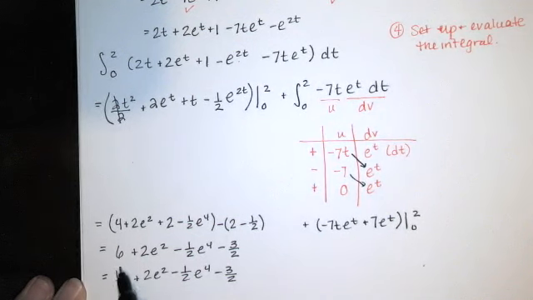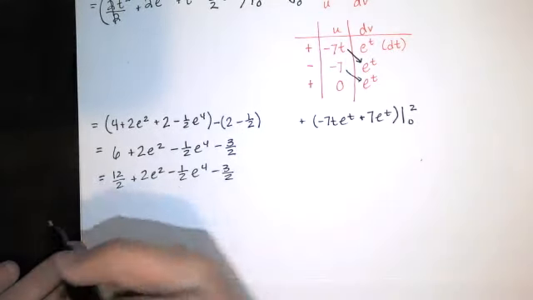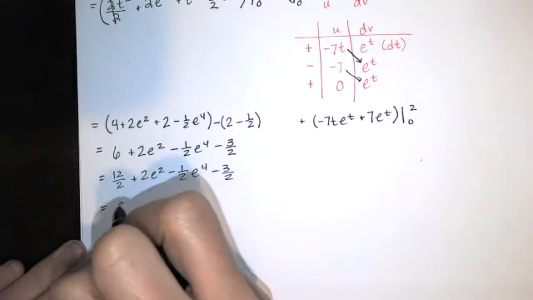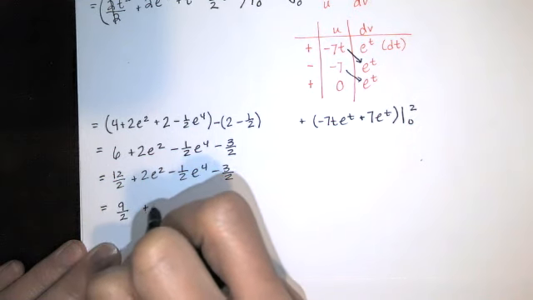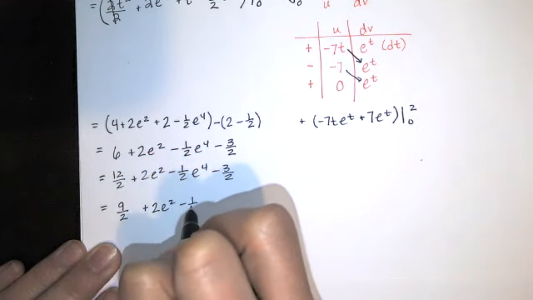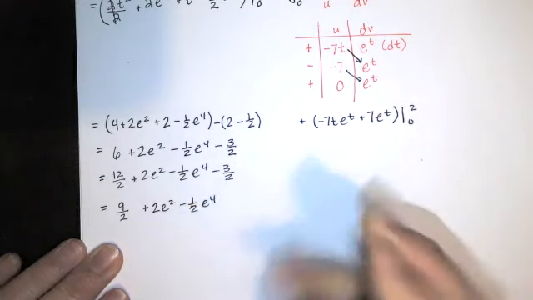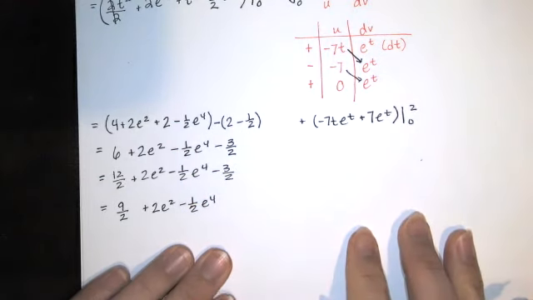And if you combine the 12 over 2 and the negative 3 over 2, that means we're going to have a 9 over 2 there. Okay, so that's that.